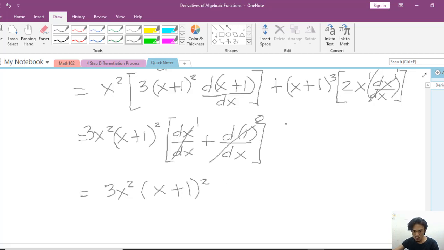Don't forget the second part here. (x plus 1), don't forget the exponent 3. And this would be 2x raised to 1, or simply 2x multiplied by 1 is just 2x.